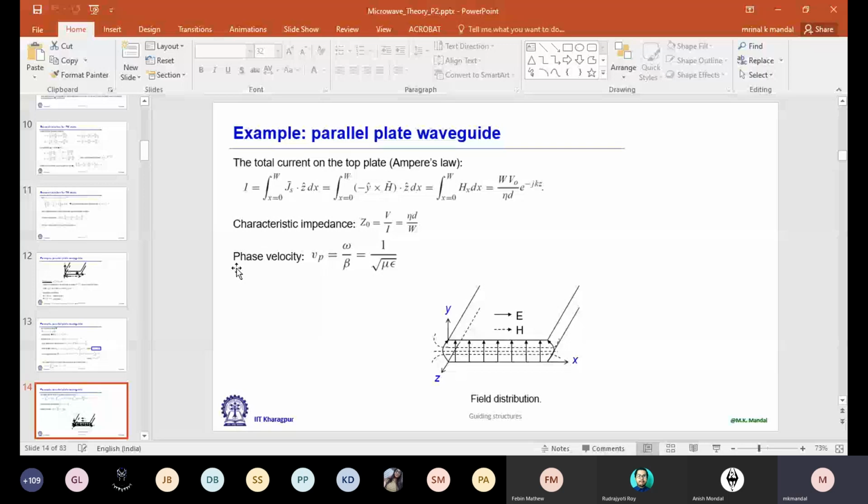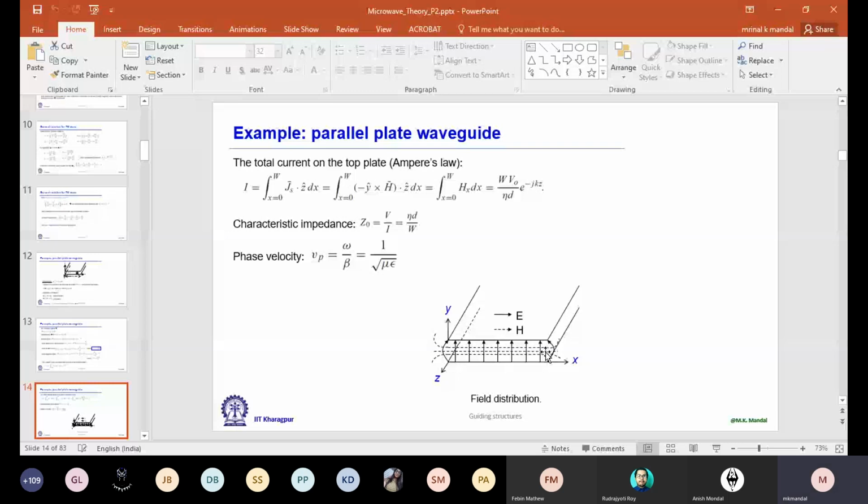Z is the propagation direction, so current will flow in the z direction. How do we find it? We take Js dot z cap and integrate it over its width, x equal to 0 to w, Js dot z cap dx.